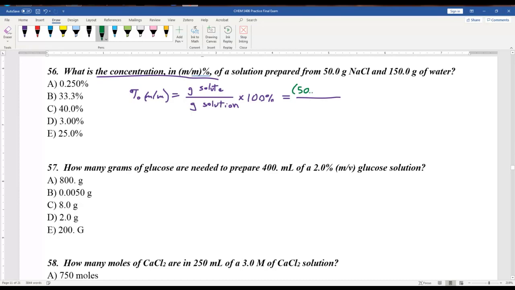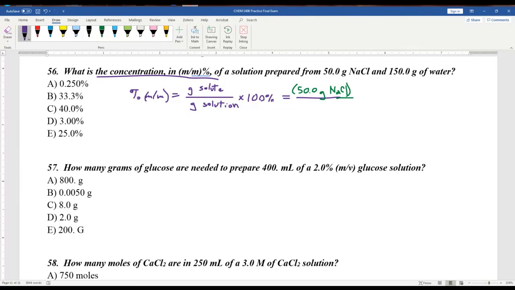The solute is what is being dissolved. Usually that's the lesser amount, the lesser number, although not always. So that's the amount dissolved. Now what is the solution? How many grams of solution do we have? Ah, there we go.